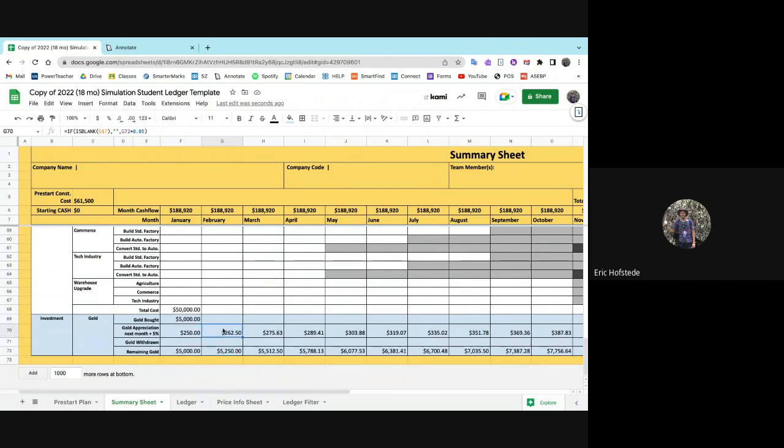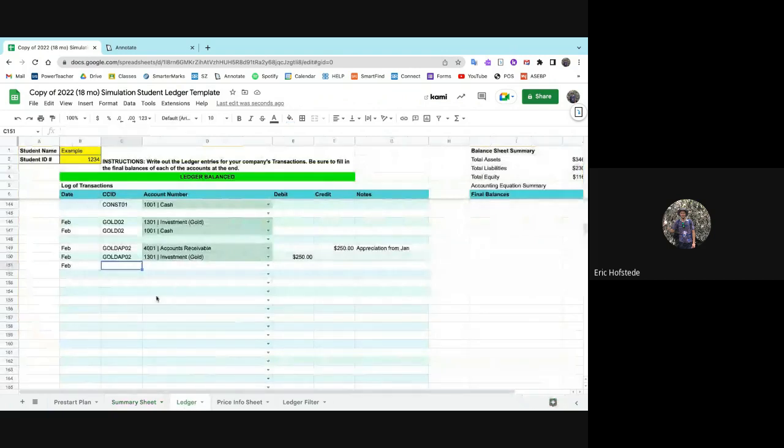And this now I need to record as my future revenue, my future asset, is accounts receivable that will in March turn into gold. So this is my new accounts receivable. So I'll still call this gold appreciation, but now I'm not tracking what was going on in the last month. Now I'm doing what new interest am I gaining this month?